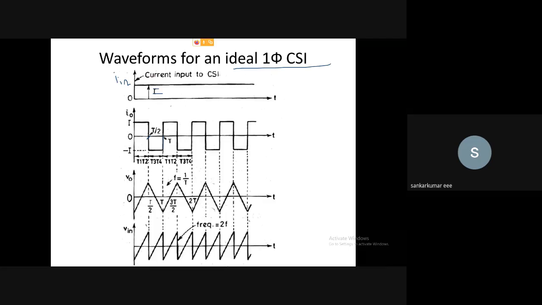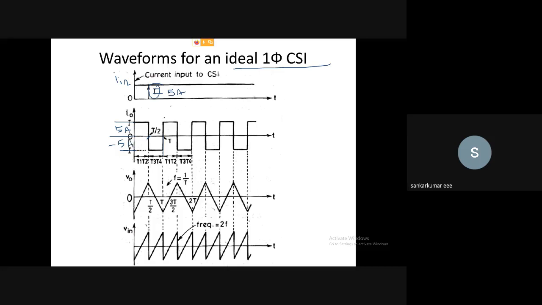This is the full cycle of the output waveform. The magnitude will be plus I and minus I. Suppose the input current we are giving is 5 amps, then the output current will have a positive maximum of 5 amps and a negative maximum of minus 5 amps.